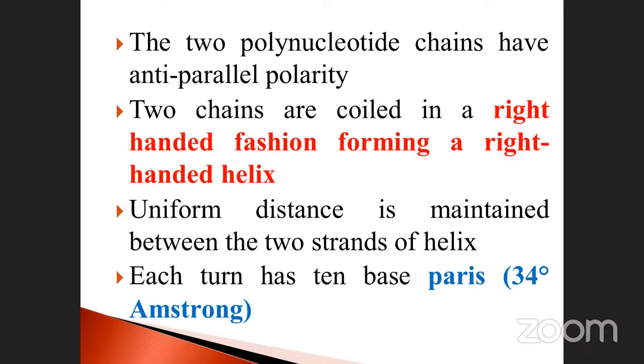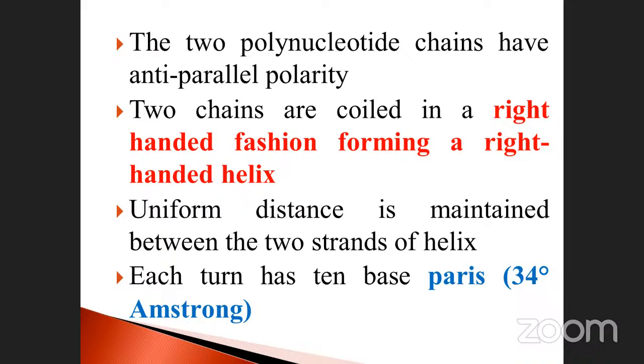Which one is left-handed? Just imagine, there are 4 types of DNA present: A, B, C, and Z. The Z DNA is always left-handed rotatory, otherwise called left-handed helix. We will see that.